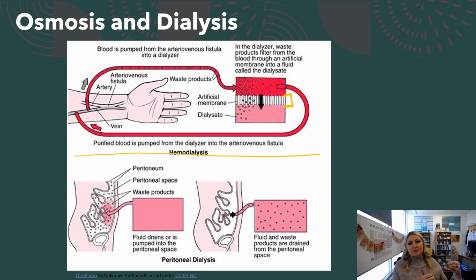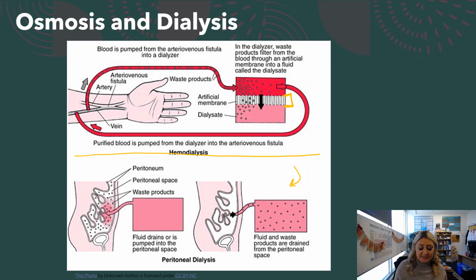The useful materials are going to be reabsorbed and put back into the blood. The waste products like urea are going to be eliminated. So this is a way to prolong life while you're waiting for a kidney transplant, to remove impurities from the blood, waste products from the blood. So it essentially does the job of the kidneys for you.